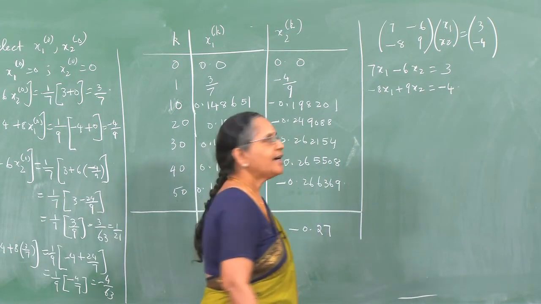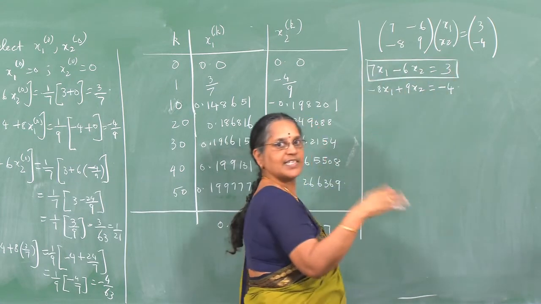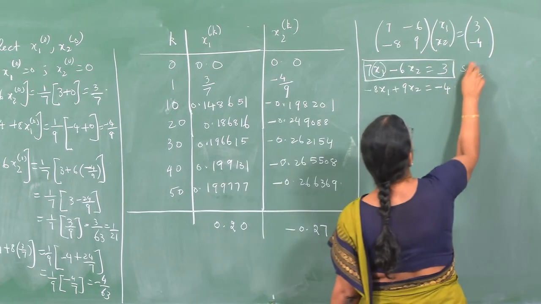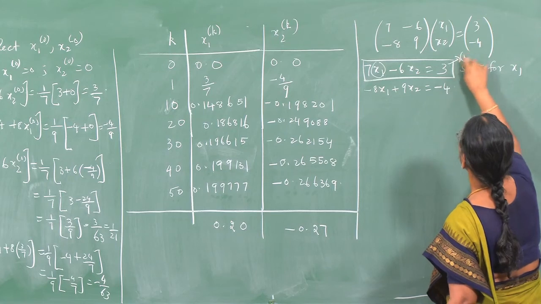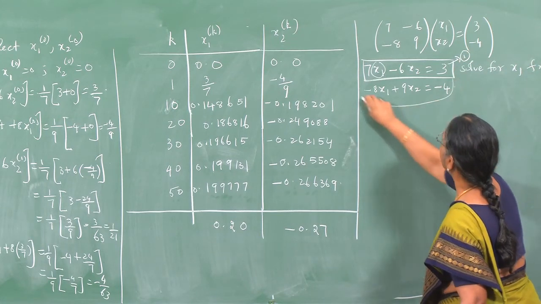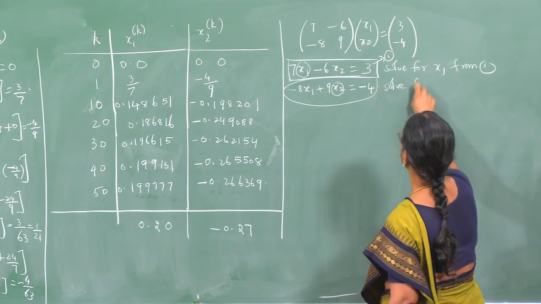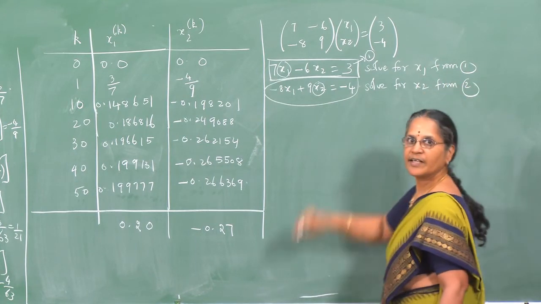As before, I associate my first equation with the first unknown, namely x1, and I solve for x1 from the first equation and associate the second equation with the second unknown x2 and solve for x2 from the second equation.